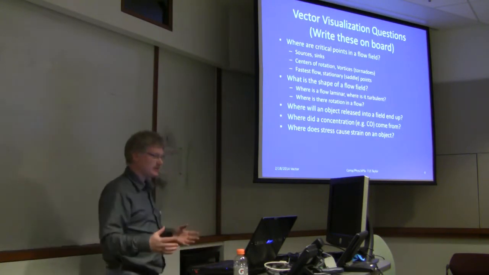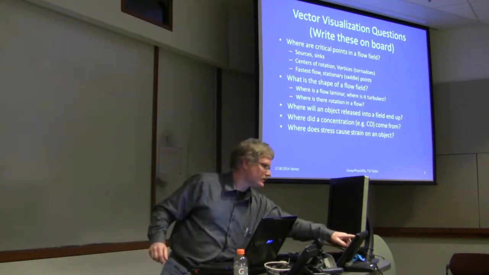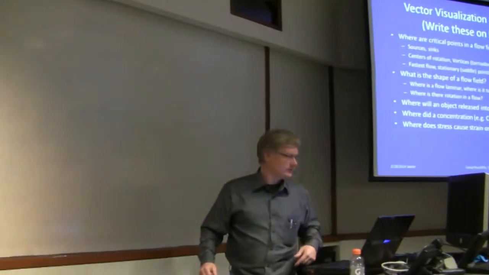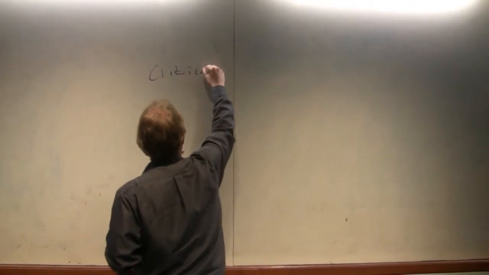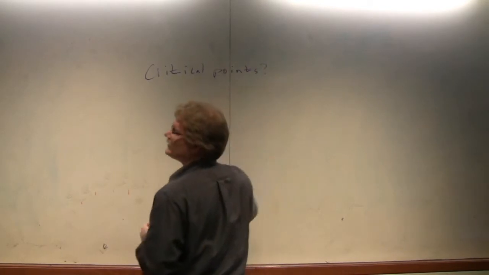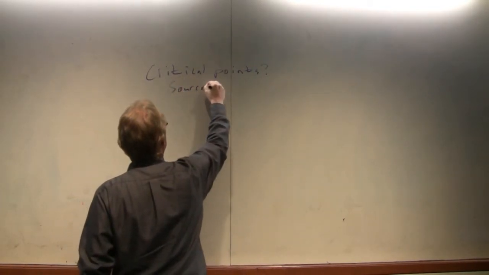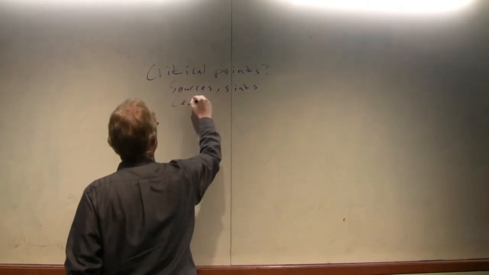All right, so some of the questions that we ask about these vector field visualizations are these. Where are critical points in the flow? These are sources and sinks. Centers of rotation.